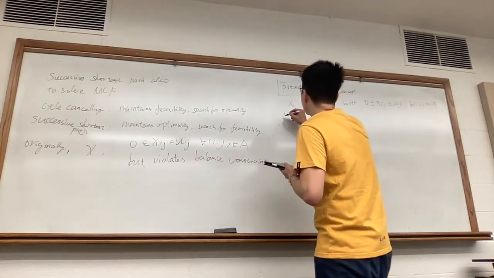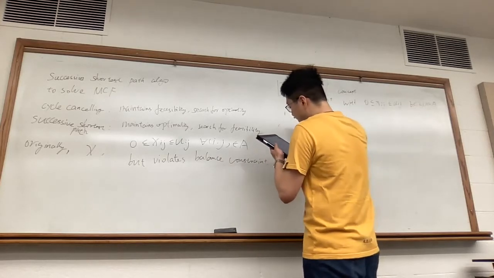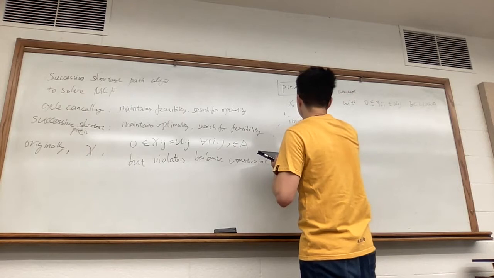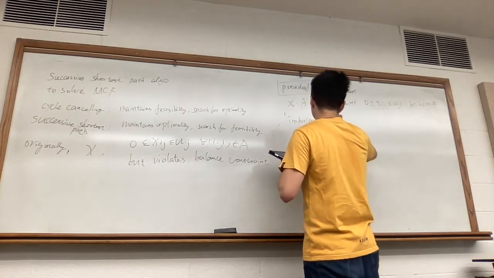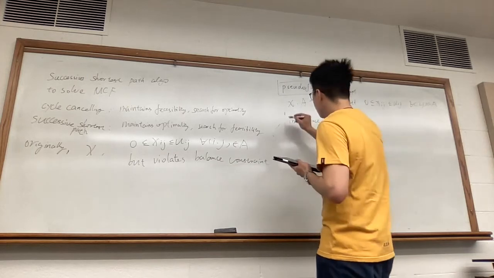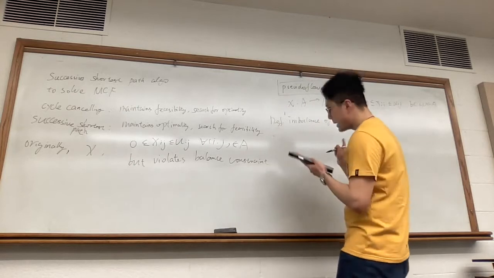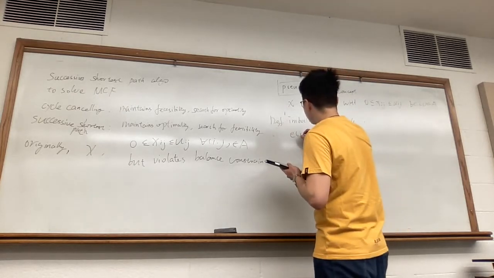And then we also introduce the imbalance of a node. Let's say node I. This is also a definition. So what is the imbalance of a node I? We denote it in this way.